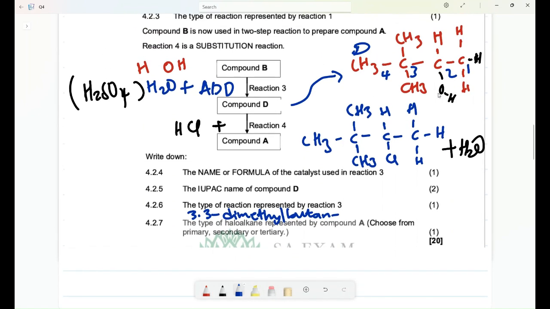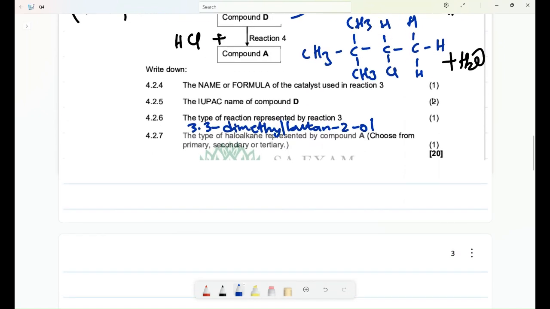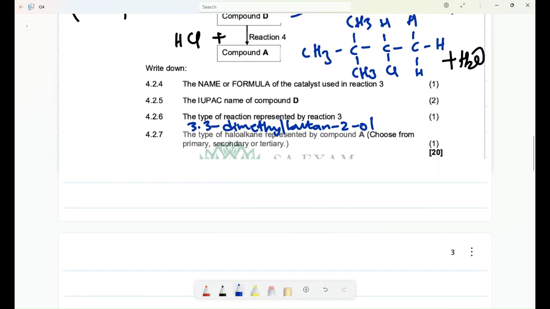Position of the functional group, it is in carbon number 2. Butan-2-. What is the functional group there? It is alcohol, -ol. So that is your answer. Or one might say 3,3-dimethylbutan-2-ol. This is the naming for 4.2.5 basically.